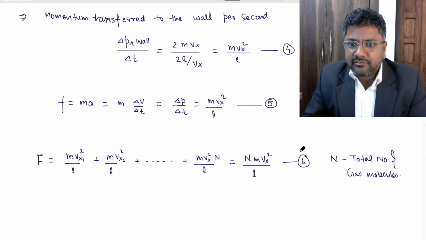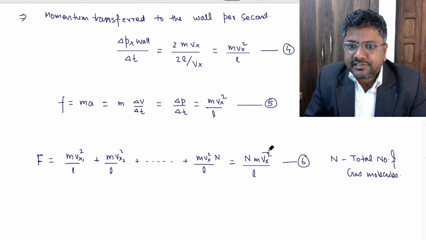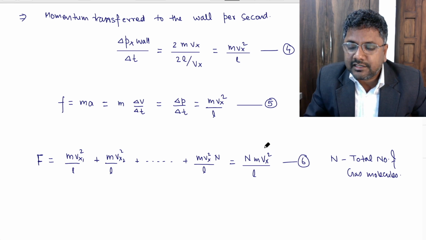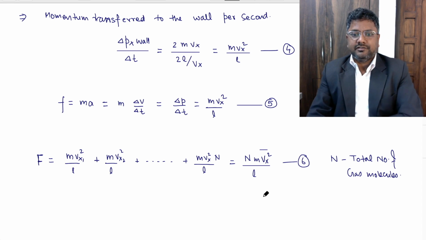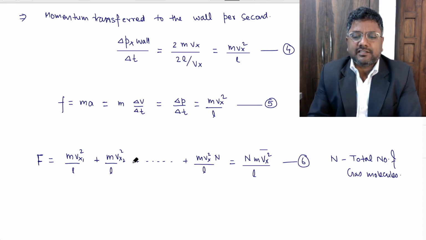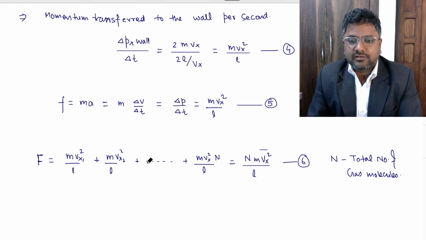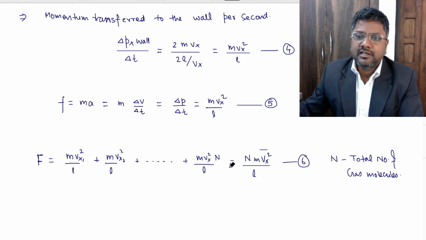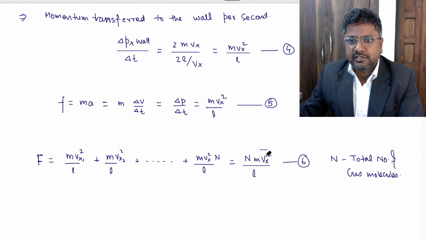And this time we should take the average here. See, vx square is the average, because we cannot say that all gas molecules are traveling with the same speed. Some have different components, vx component, vy component, vz component. So this is the average of all those molecules.